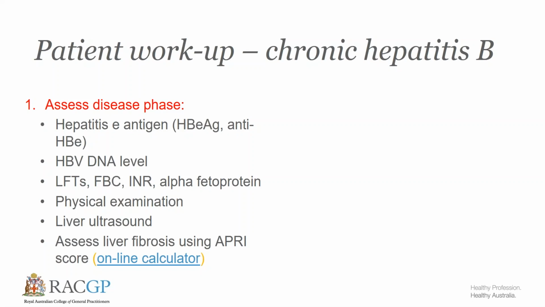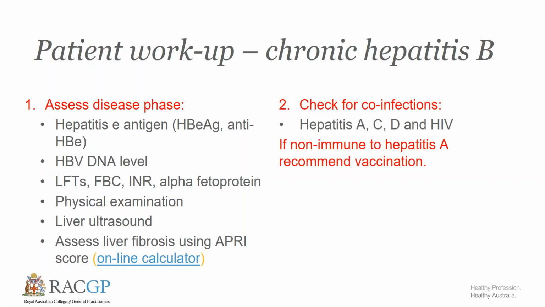We need to look at his liver function tests, his full blood count, his clotting, his alpha-fetoprotein. You need to do a physical examination to look for stigmata of liver failure. A liver ultrasound is indicated, and assess whether he has liver fibrosis using an APRI score, which uses the ALT and platelet count. And there's an online calculator that you can use to calculate that. So that's assessing his disease phase.